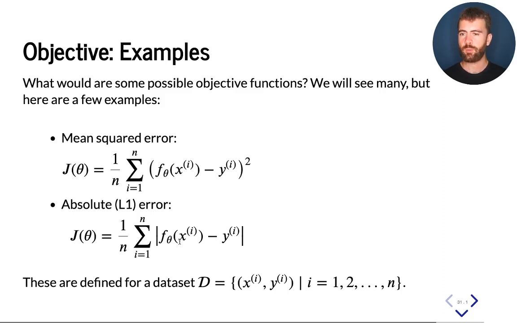But just one example of a different function that could be used is the absolute error, or sometimes called the L1 error. This is just the average of the absolute value difference between what the model predicts and the true label that we expect to be predicted for this particular input.